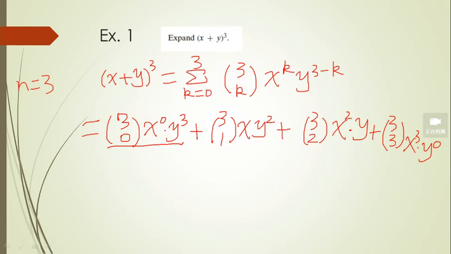So if you have all y cubed, how many possible choices? Just 1, right? Just 1 times y cubed, because this is 0. And you can also use the combination formula to evaluate it. What is this one? This is 3 factorial over 3 minus 0 factorial and 0 factorial, okay?